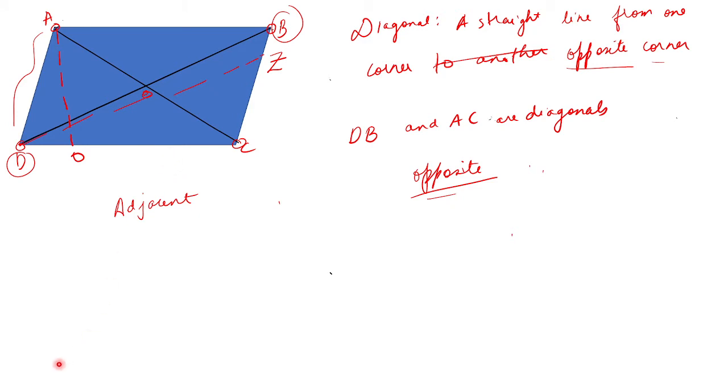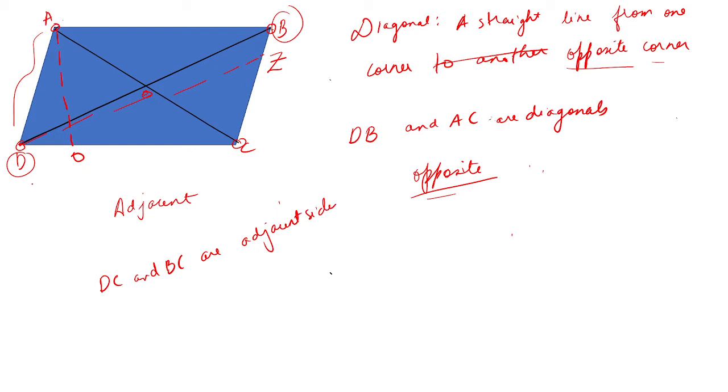So opposite means we're standing across one another. Adjacent means we're standing side by side. So you see this: DC and BC are adjacent sides. Can I say that? Yes, they're adjacent.